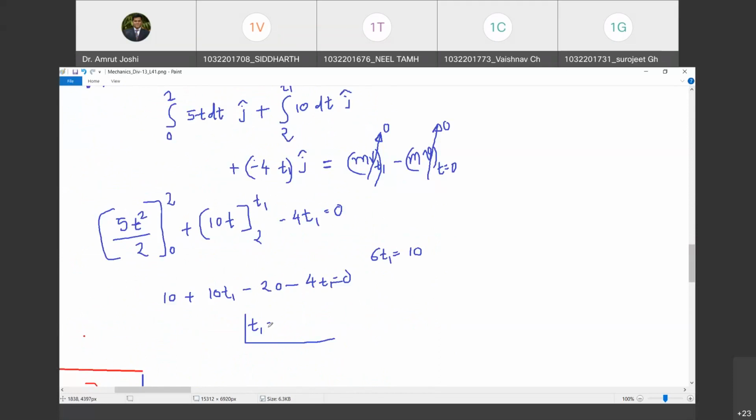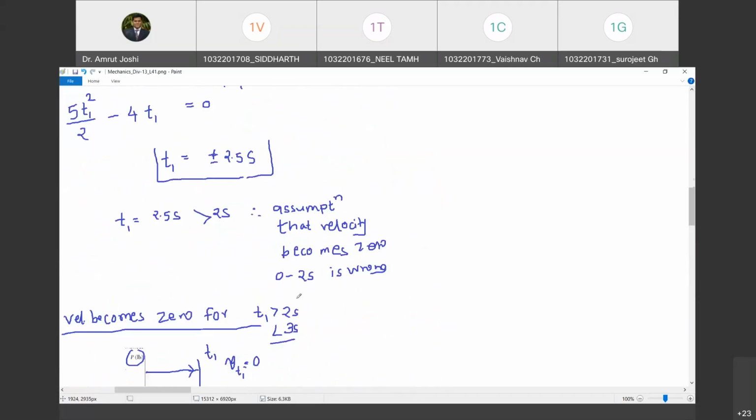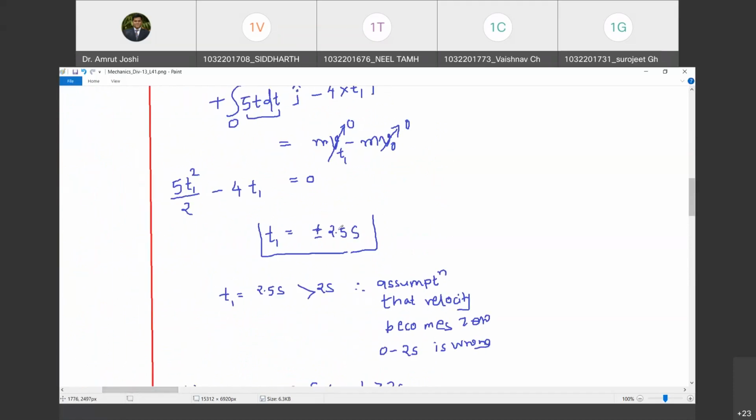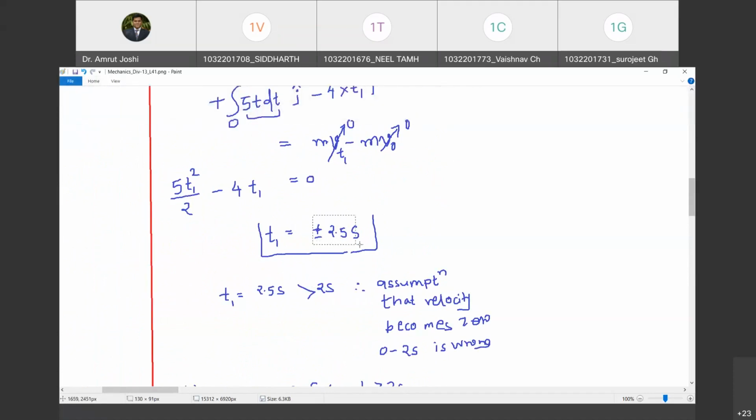6t1 minus 10 equal to 0. Sir, in the first part equation, 5t1 square by 2 minus 4t1 equal to 0, t1 equal to 1.6 seconds. यहाँ पे 1.6 आ रहा है क्या? Yes, sir. Oh, okay. So if this is 1.6, then there is no issue. We need not do the next step.